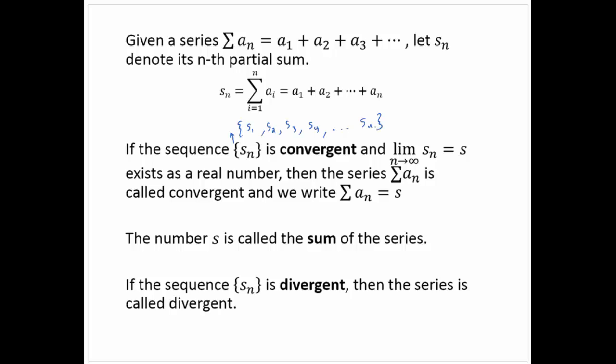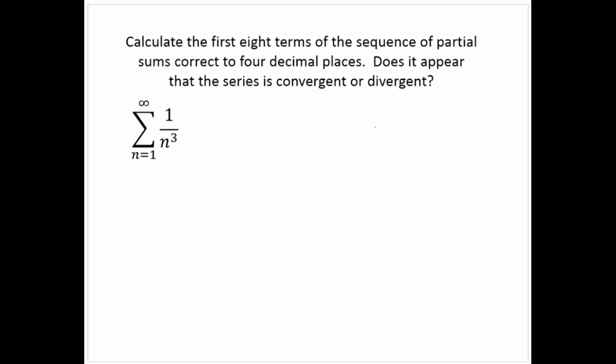Let's illustrate this with an example. Calculate the first 8 terms of the sequence of partial sums to 4 decimal places. Does it appear that the series is convergent or divergent? So that's the S sub n. What does this mean? We have the sum from n equals 1 to infinity of 1 over n cubed.